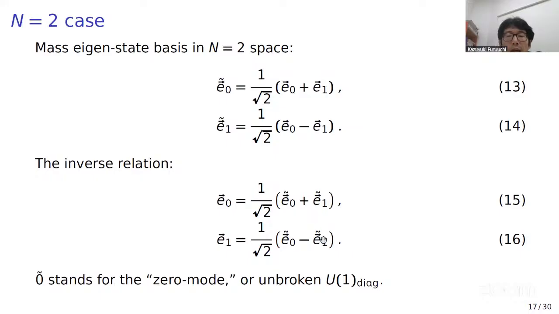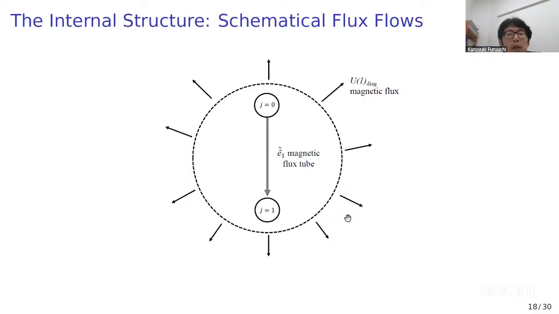So if you have a magnetic monopole in this basis, you have unbroken flux and broken flux. Broken flux must go out from one and be absorbed into the other.